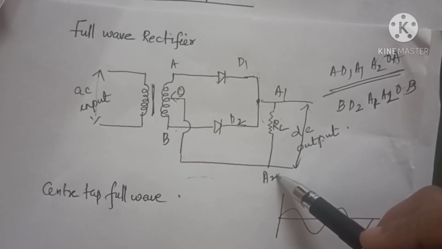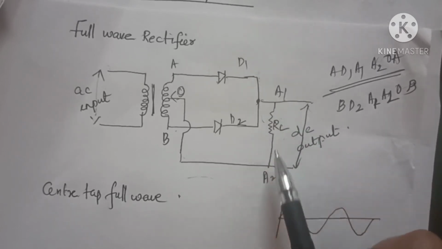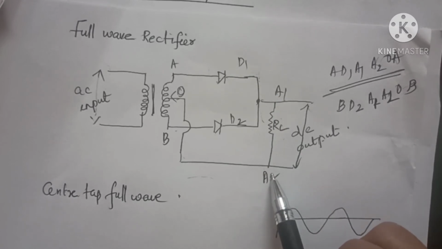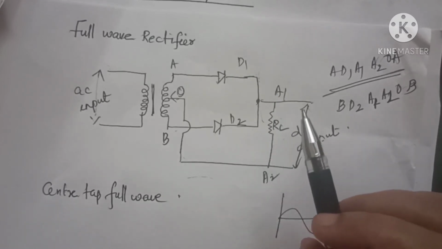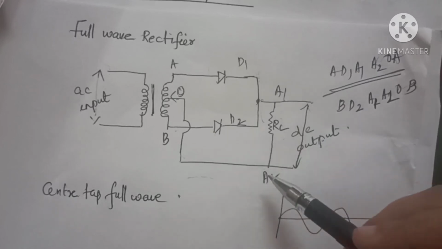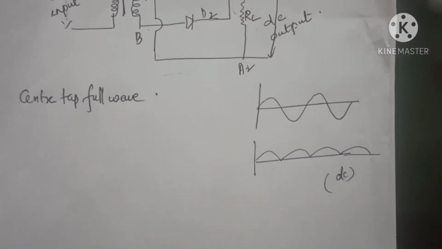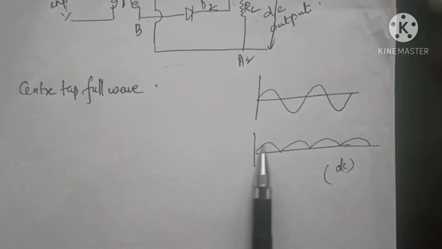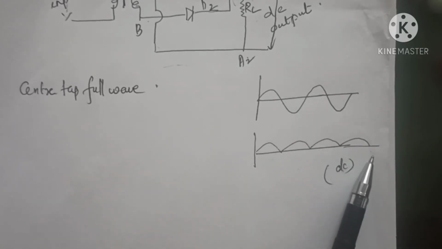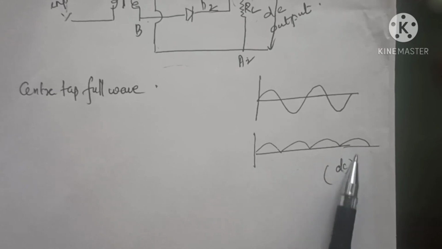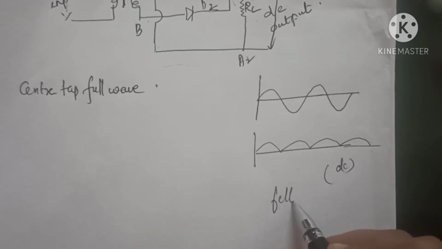The DC output is obtained across the load RL. Even though the voltage across RL is unidirectional, you can see it is pulsating. We are getting an output like this. So it is unidirectional, but it is pulsating, and it can be made smooth using filter circuits.